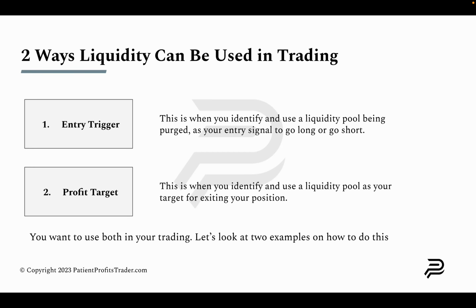Using liquidity as a profit target is when you identify and use a liquidity pool as your target for exiting your position. So those are the two ways liquidity can be used: as an entry trigger or as a profit target.